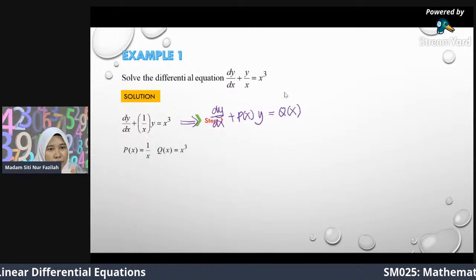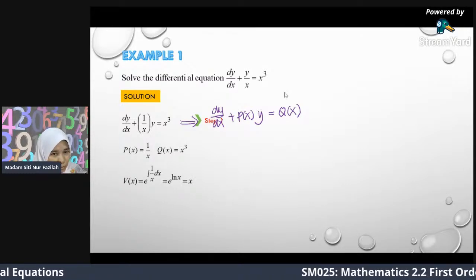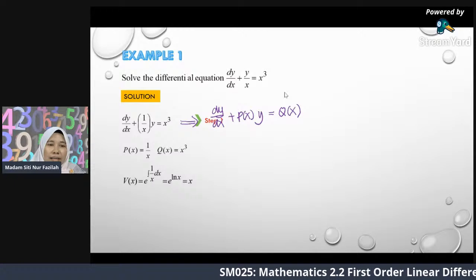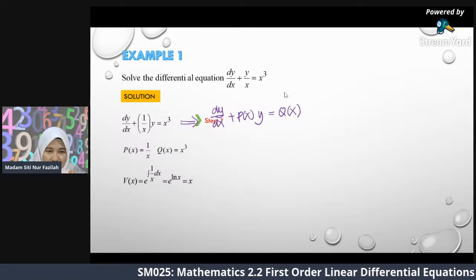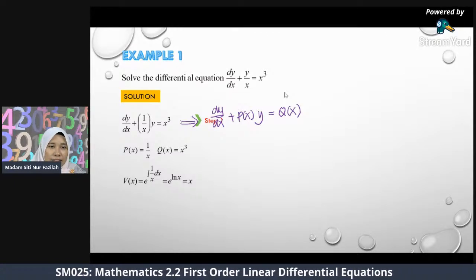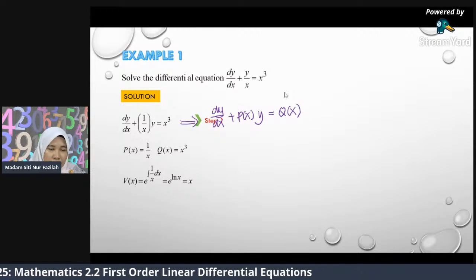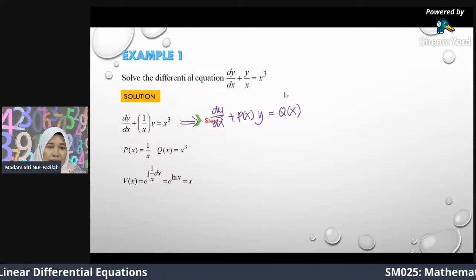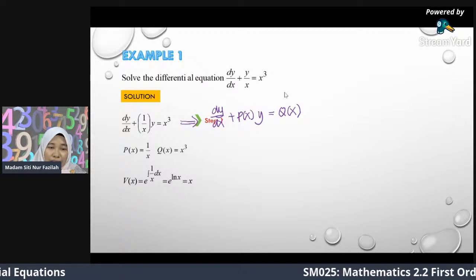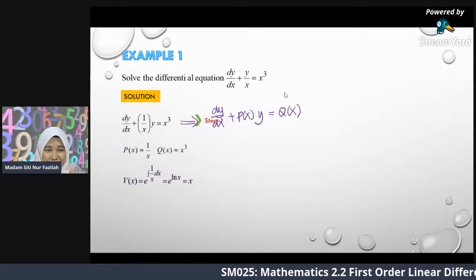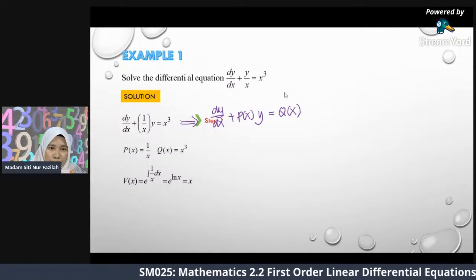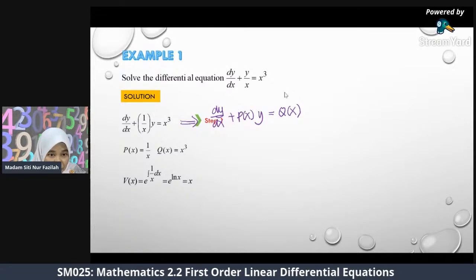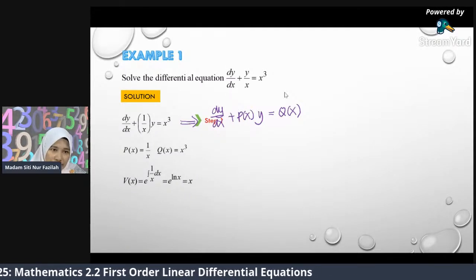Next, we go to step 2. We need to find an integrating factor. The symbol is function V(x). The formula is exponent to the power of integration P(x) dx. That's why we put exponent of integration 1 over x dx.